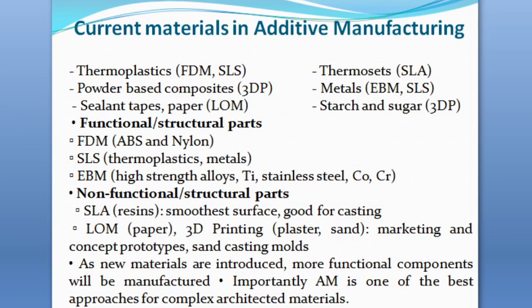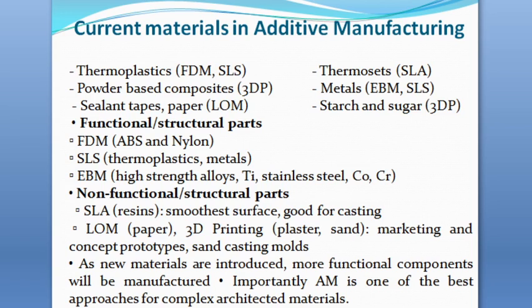Materials used in specific additive manufacturing processes: FDM and SLS use thermoplastic materials. Powder-based composites are used in 3D printers. Sealant tapes and papers are used in laminated object manufacturing, LOM.